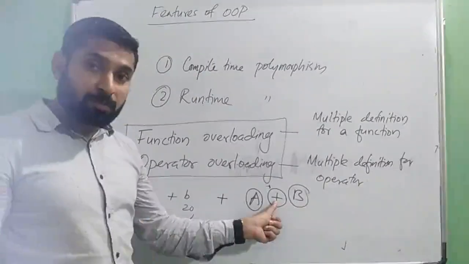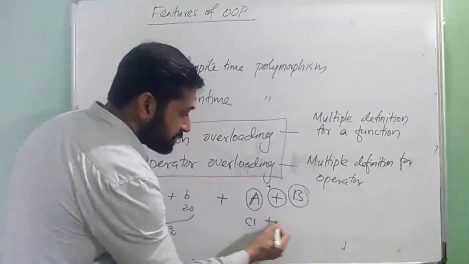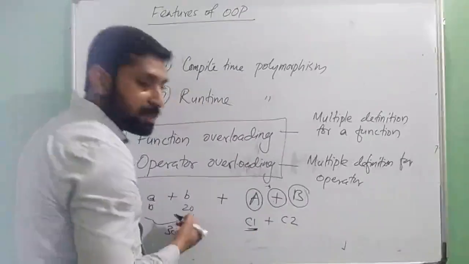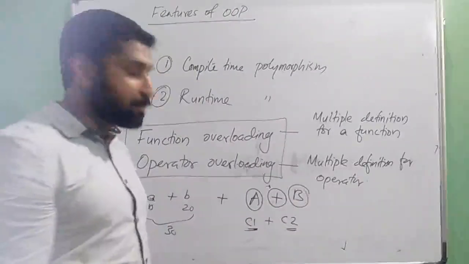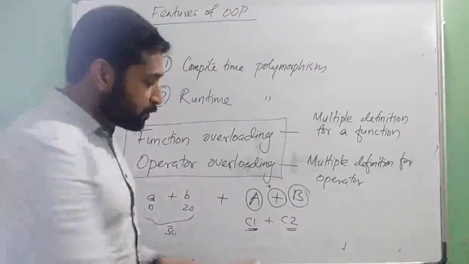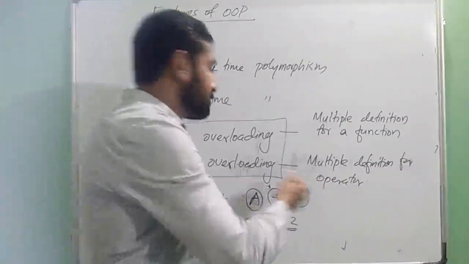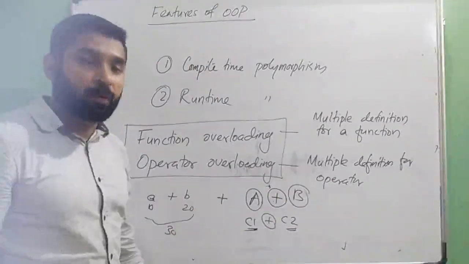And suppose C1 is a complex number and C2 is another complex number, C1 plus C2 performs complex number addition. So the definition of plus changes. That is called operator overloading.